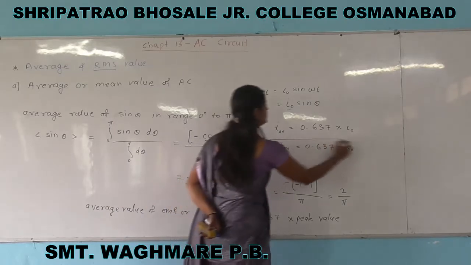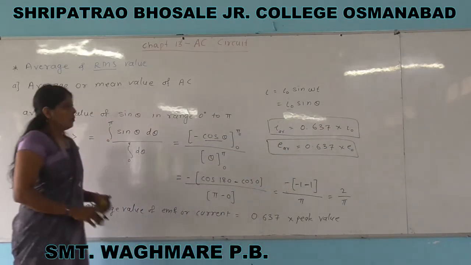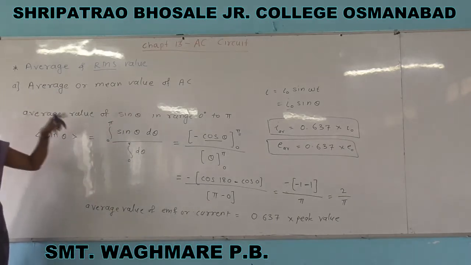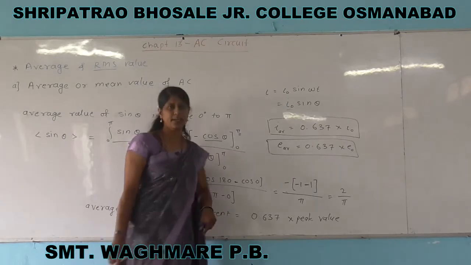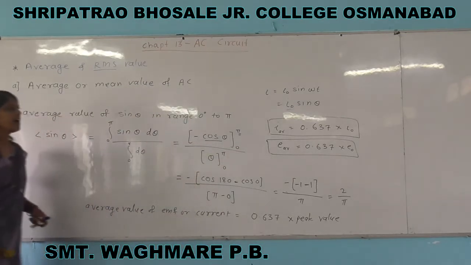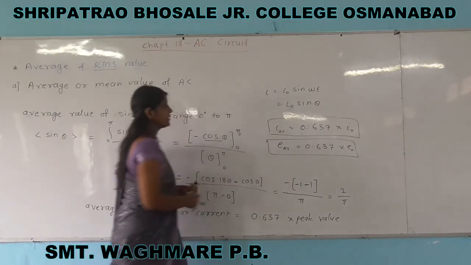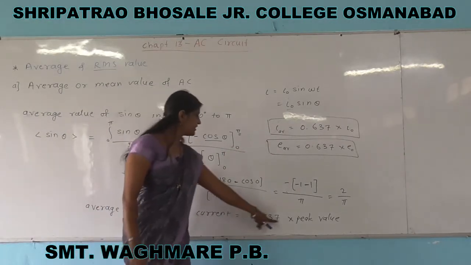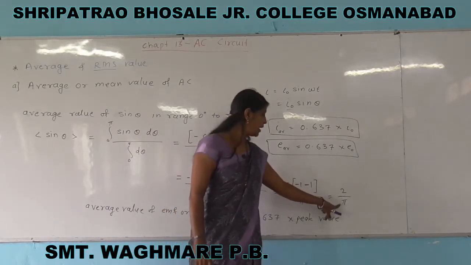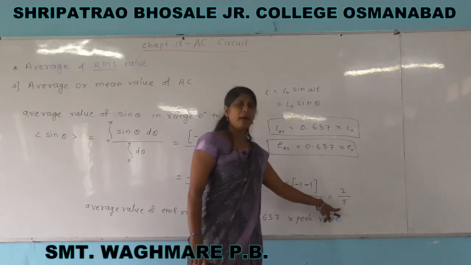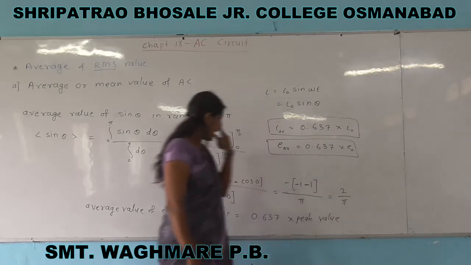We get these two equations from this. We have found the equation of the average value of current and the average value of EMF. The 0.637 is 2 divided by pi.